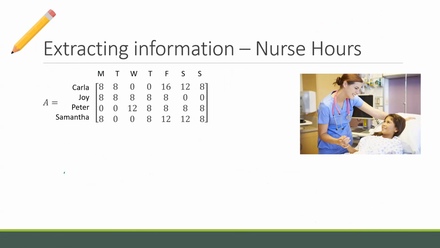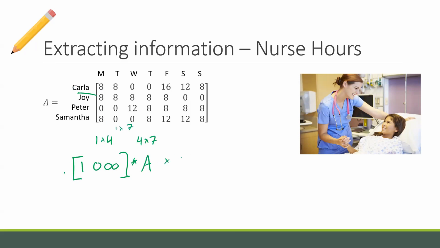Let's say I want to know how many hours Carla worked during the week. We could multiply A by this matrix, that's a 1 by 4, that's a 4 by 7, so that would generate a 1 by 7 matrix.